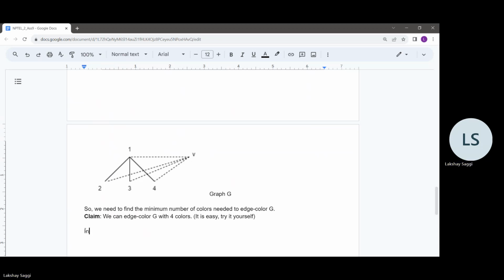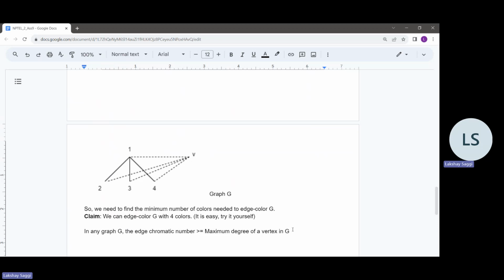So one thing is, in any graph G, the edge chromatic number, which is just the minimum number of colors needed to color G, is greater than or equal to the maximum degree of a vertex in G. I'm not saying it will be equal, because it may not be.